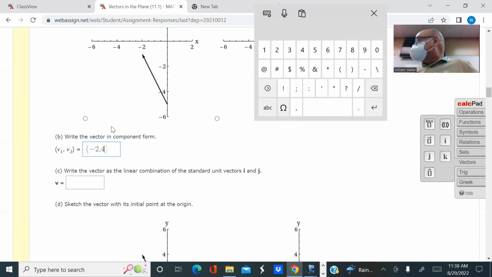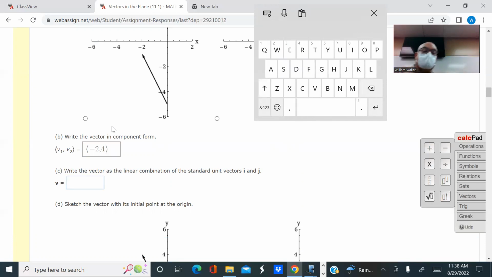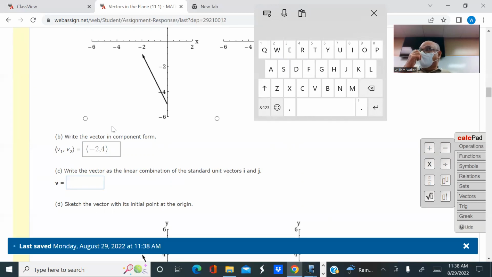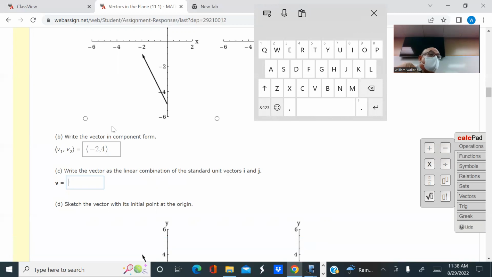Okay, so that's all easy enough. And now we want to write the vector in standard form, which means as a combination of multiples of the standard unit vectors i and j. Remember, i is <1, 0> and j is <0, 1>. So you can multiply those vectors by the appropriate scalars and add them together, and you'll get just another representation for this same vector <-2, 4>.